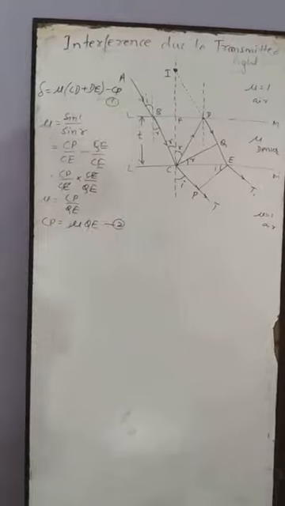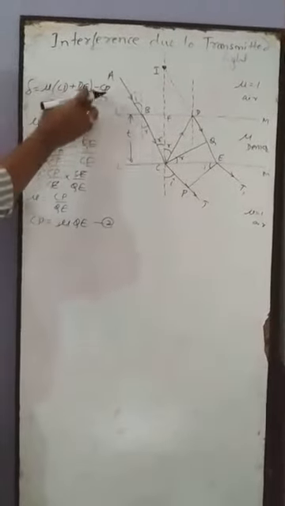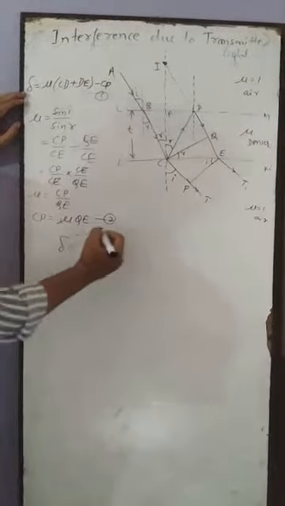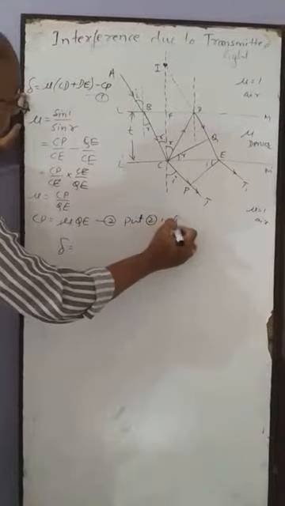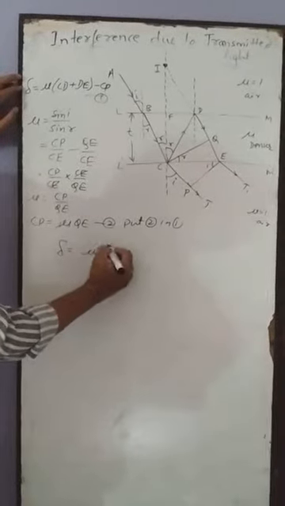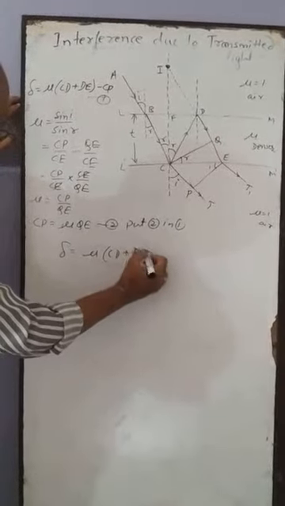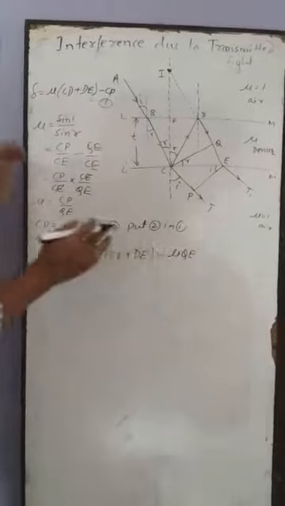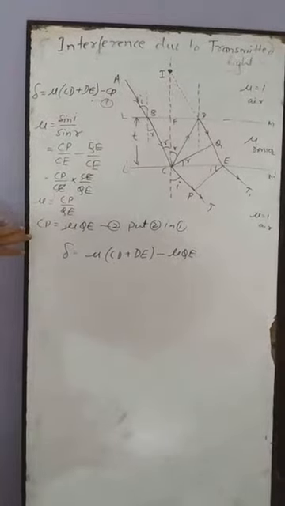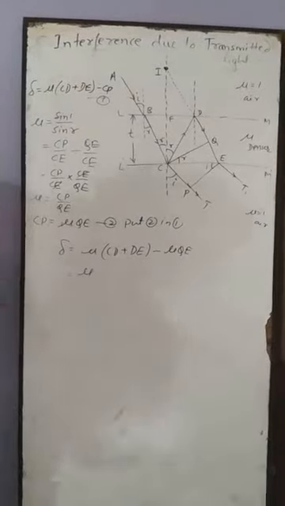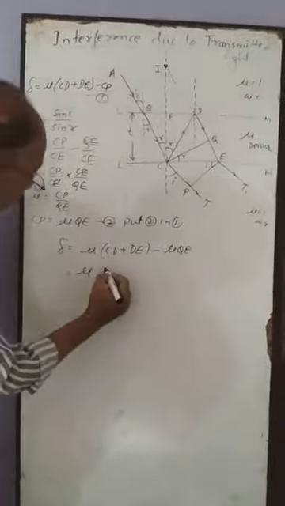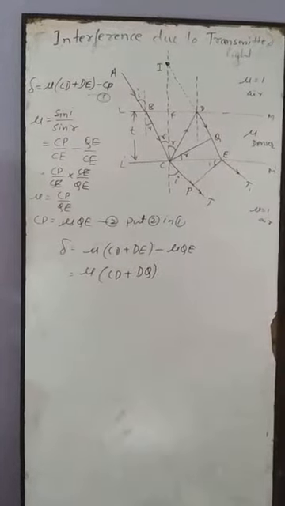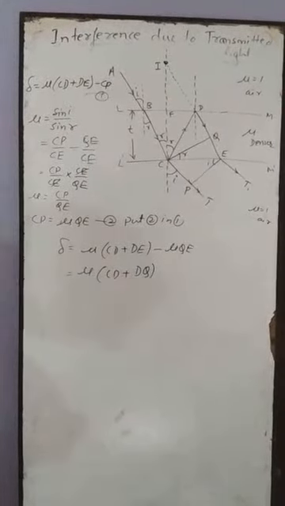Now put equation 2 in equation 1. So the path difference delta is equal to mu into CD plus DE, minus CP, which is mu into QE. Now rearrange: delta is equal to mu into CD plus DQ, since mu is a common factor.